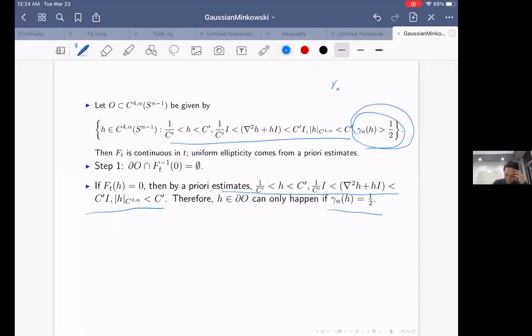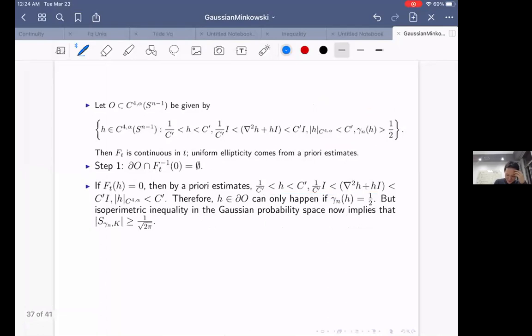Gamma h here means the Gaussian volume of h. And the Gaussian isoperimetric inequality we obtained in the previous pages will imply that the total Gaussian surface area will be larger than 1 over square root 2 pi.